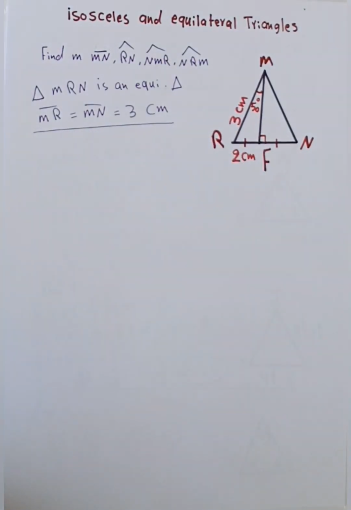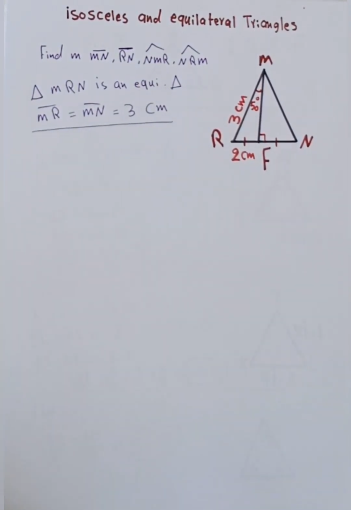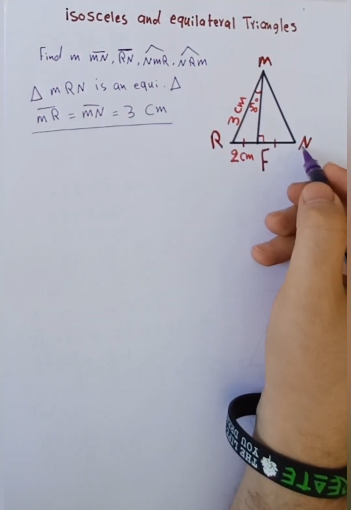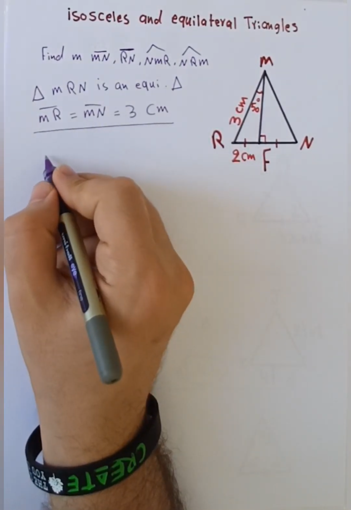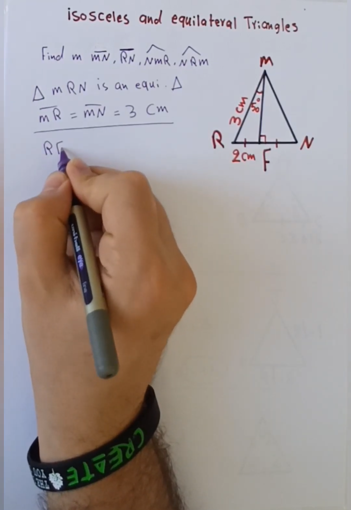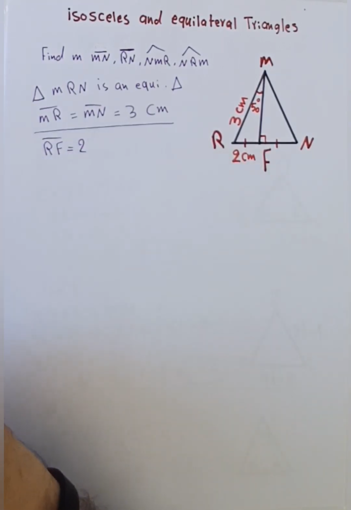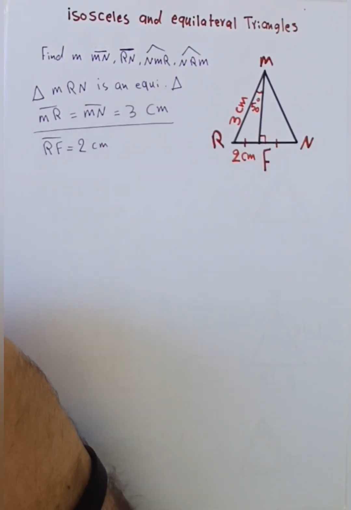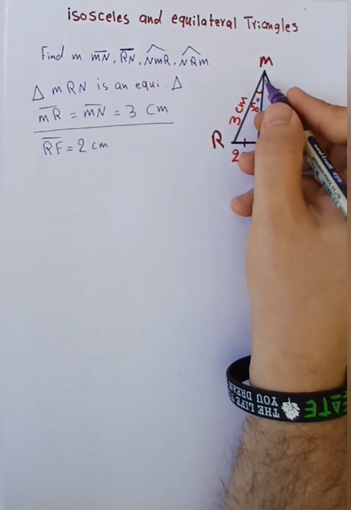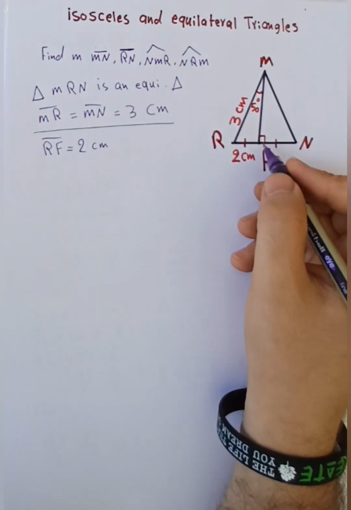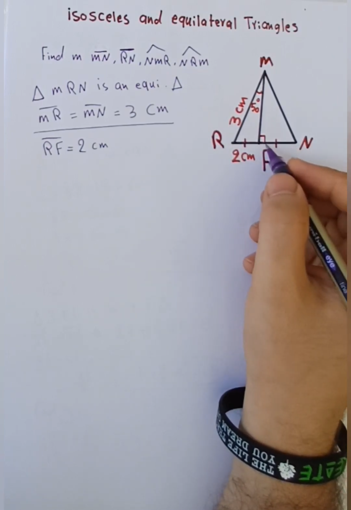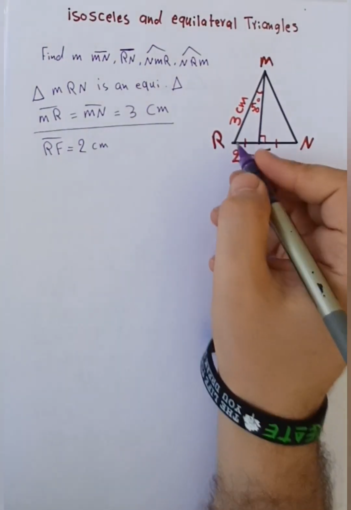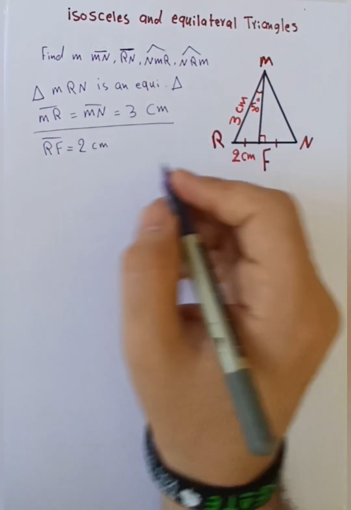After that, I'm going to find the measure of line segment RN. This is RN. So RF is 2 centimeters. The measure of RF equal to 2 centimeters. And then this perpendicular bisector bisects the base of the triangle. So RF equal to FN.